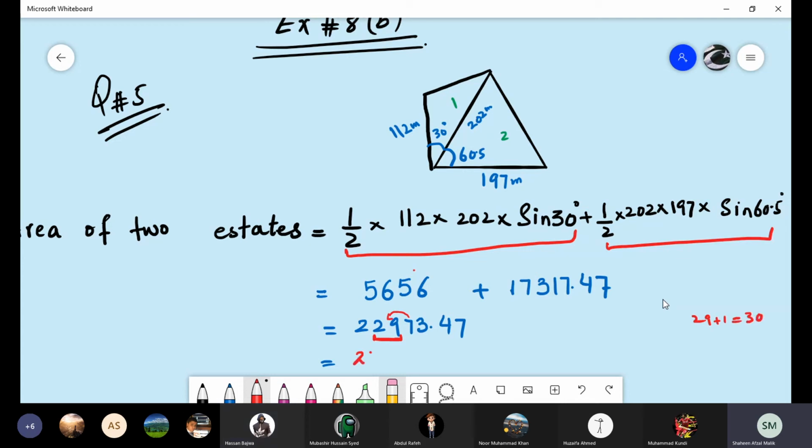So it will be 230 for this one and then double 0, and the unit is meter square. Meter square is the answer. So don't forget to write this answer first and then convert it up to three significant figures.